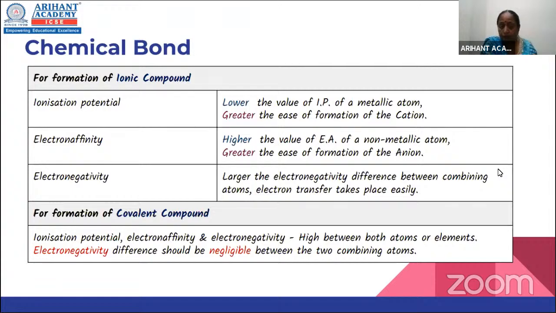No metal involved means it is a non-metal combination, and since they are both non-metals, they will have high electron affinity, high electronegativity, and the electronegativity difference should be minimum, negligible between the two combining atoms. Only then there will be sharing. If the electronegativity difference is large, it will be an ionic compound.